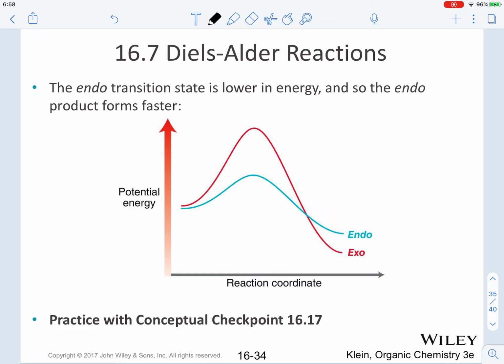In the energy diagram, even though the exo product appears to be lower in potential energy and might be suggested to be more stable, the endo product is actually favored in these conditions because its transition state is lower in energy and it forms faster. But we also explained how that transition state is favorable when it's interacting with the electron withdrawing group present in the dienophile.